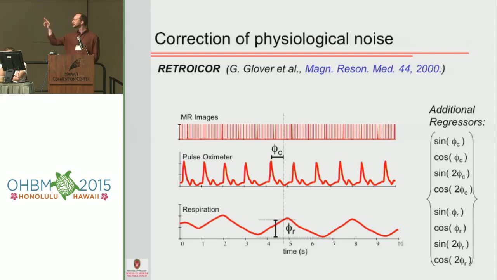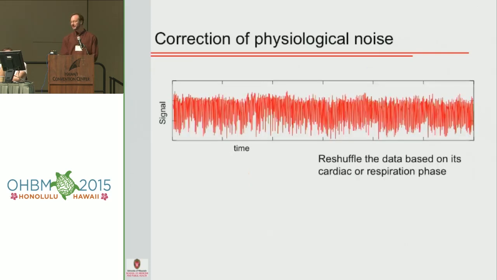Then you construct sines and cosines of those phases and 2 times those phases, or any multiplier of those phases, and you use these as additional nuisance regressors. Another way to visualize this is if I take the time series data, and this is an example from a particular voxel that has very large pulsatile signal from cardiac pulsations.